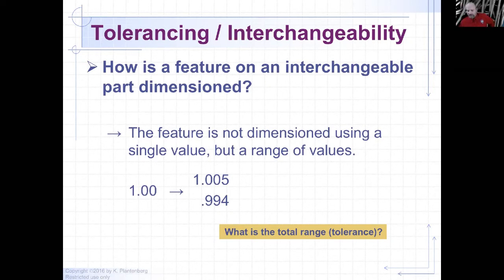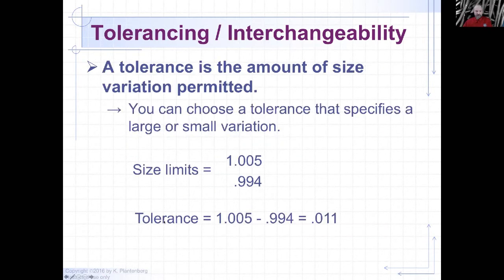So Gabriel got that. 0.011. So that's the tolerance range you're allowed to have for whatever feature it is that we're discussing here. Okay. So those are the size limits. So if you make a part that's 0.994, it's still within tolerance. But if it's any smaller than that, it's out of tolerance.